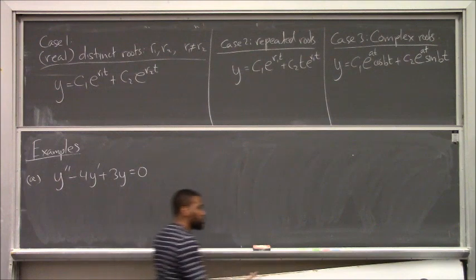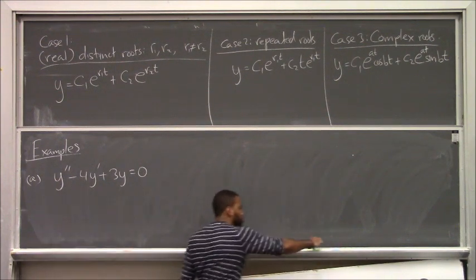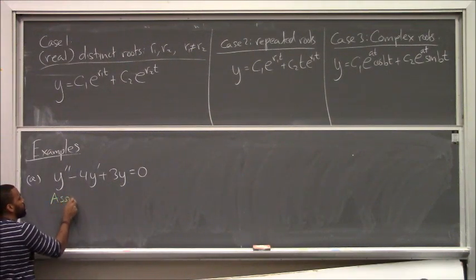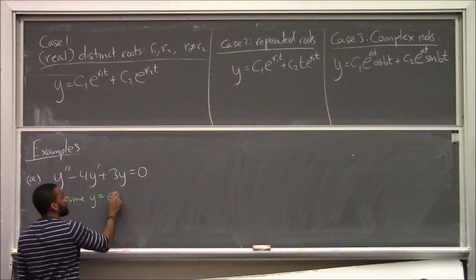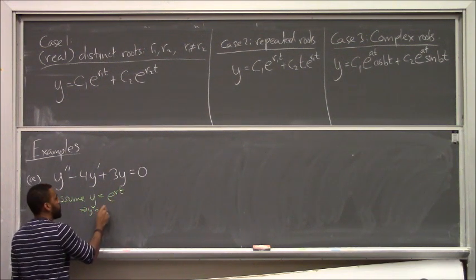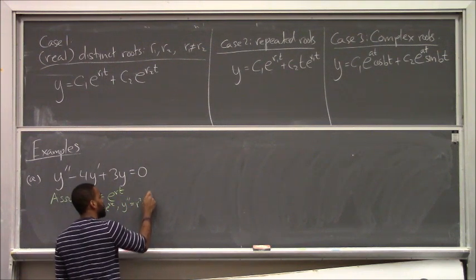Now, you don't need to write that down every time, by the way. I'll write it down just one time so you can see what actually happened, just to remind you. If you assume y equals e to the rt, then your y prime is equal to r e to the rt, and your y double prime is equal to r squared e to the rt.